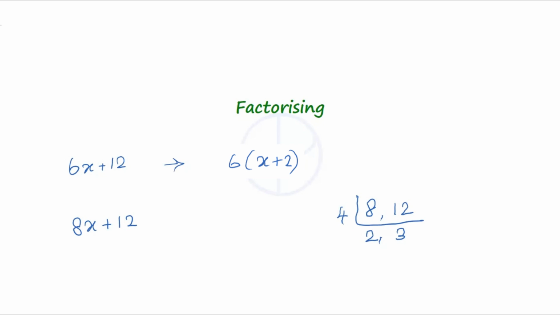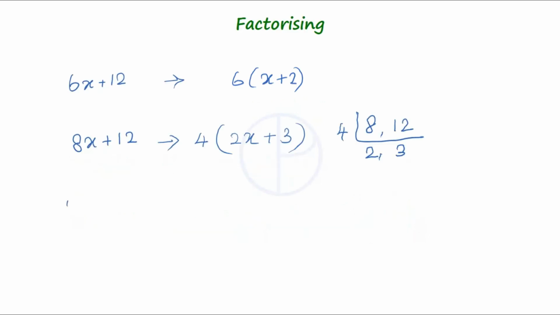Now take out the HCF outside the bracket. So this is 2x and this is 3. That's the factorized form. Let's do one more example.